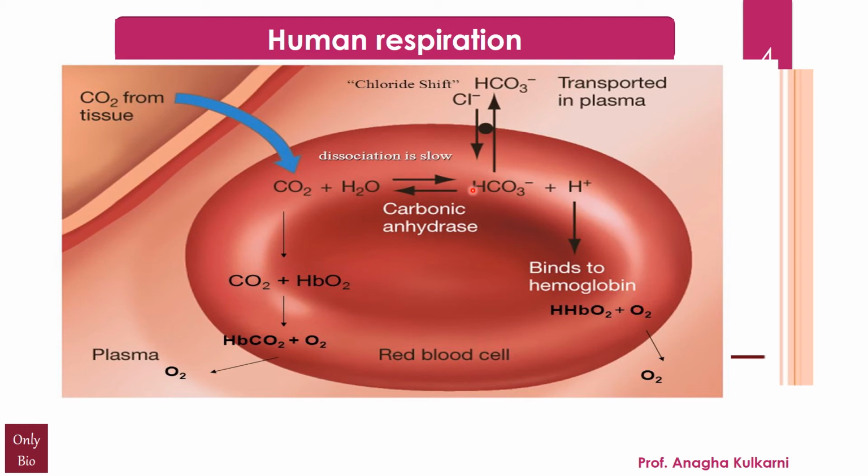As the concentration of bicarbonate increases in the RBCs, it diffuses into the plasma along the concentration gradient in exchange for chloride ions, so that it maintains electrical neutrality. This phenomenon is called the chloride shift, which helps to regenerate the bicarbonate ions.